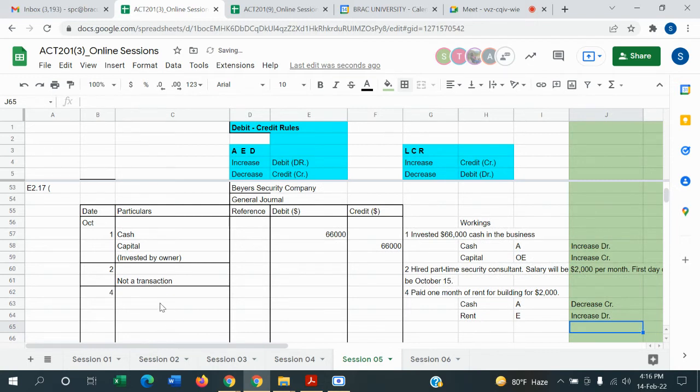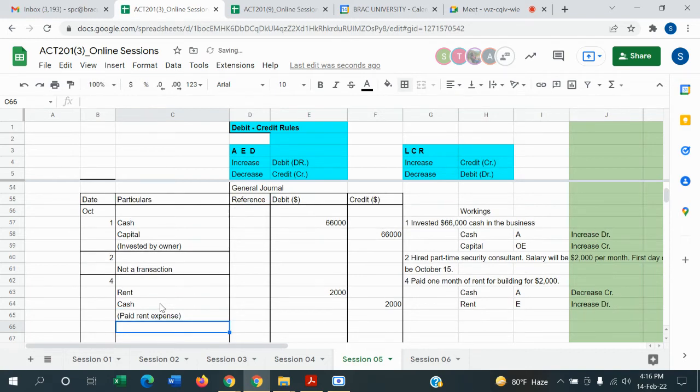So our journal will be: rent debit by 2000. Cash will be credited by 2000. Explanation: paid rent expense.